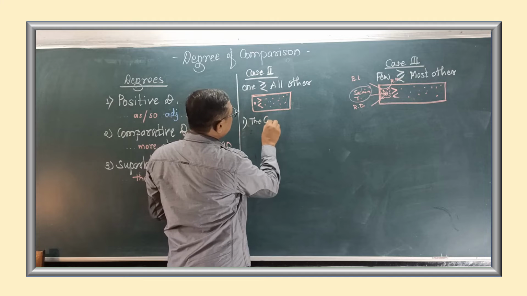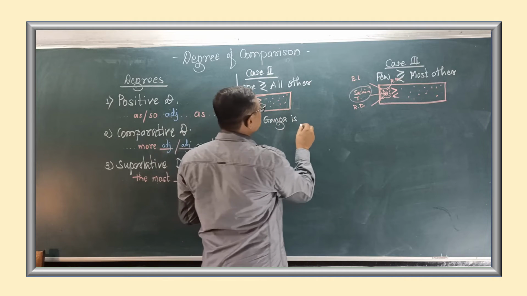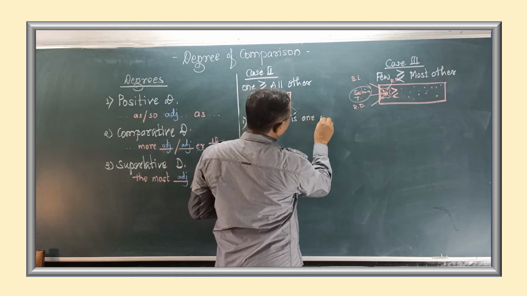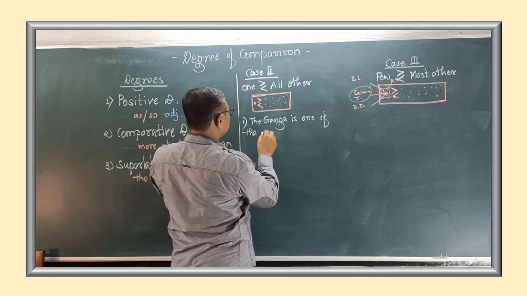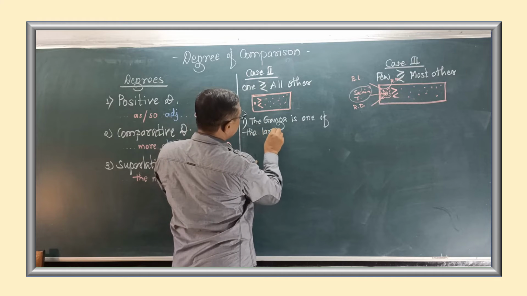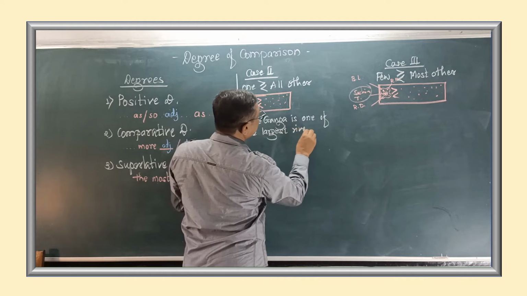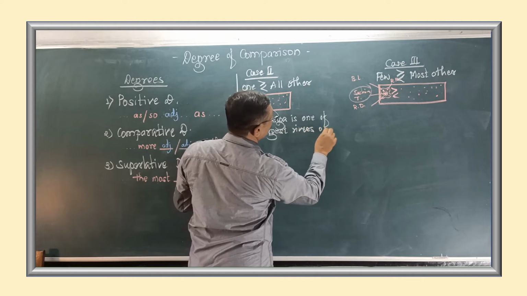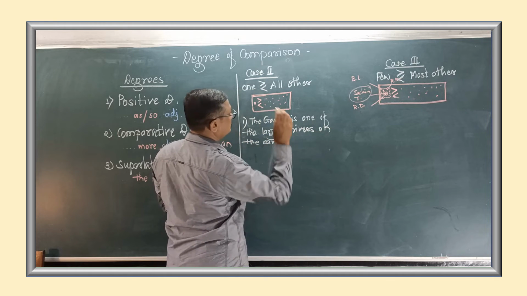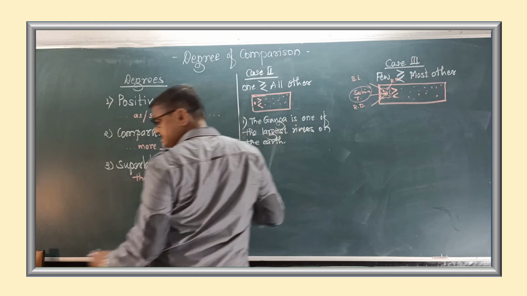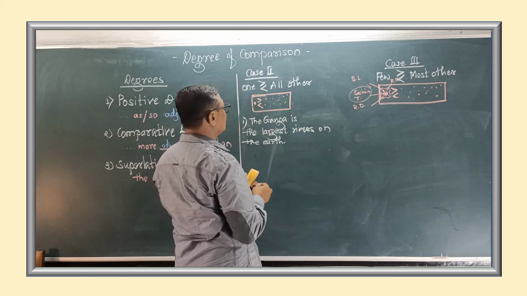The Ganga is one of the largest rivers on the earth. Sorry, this is case 3. For case 2, the sentence is: the Ganga is the largest river on the earth.